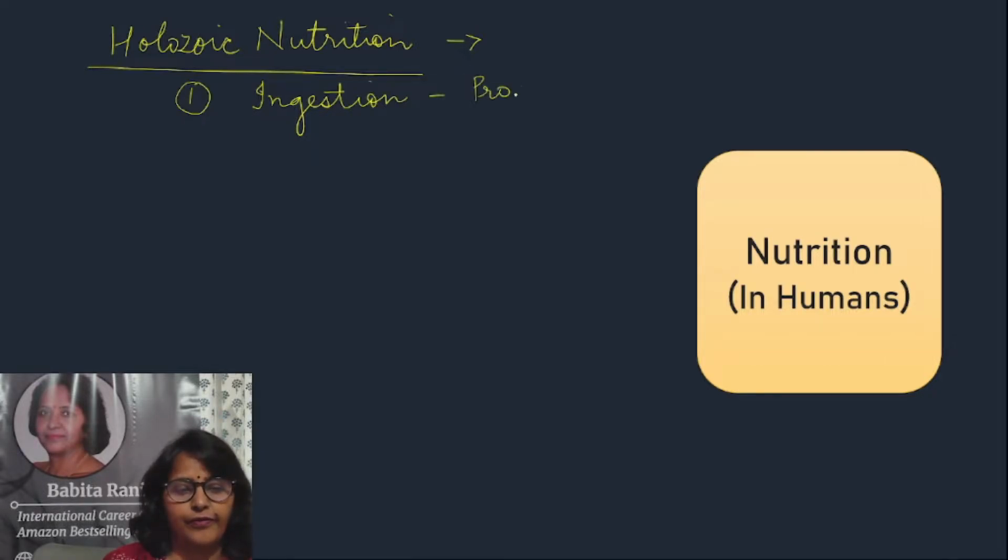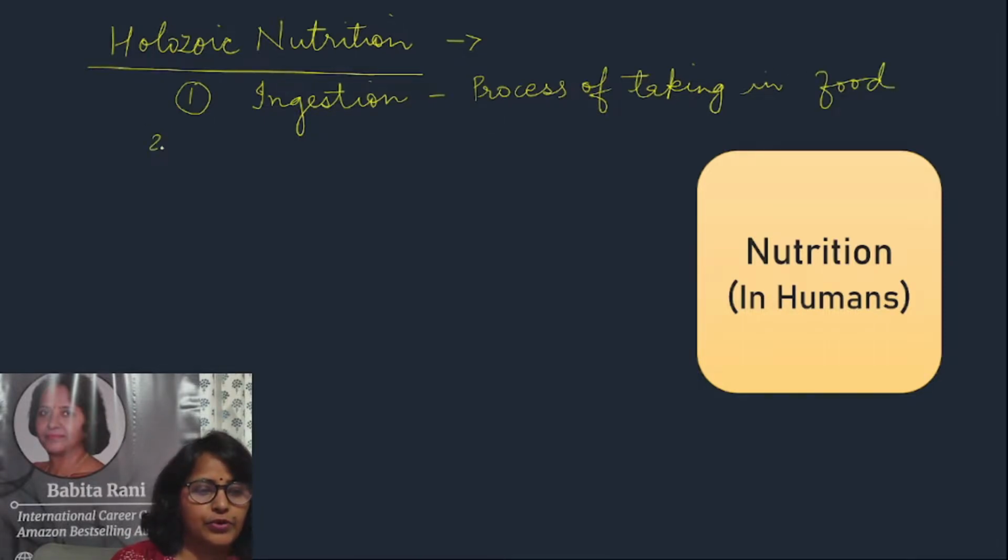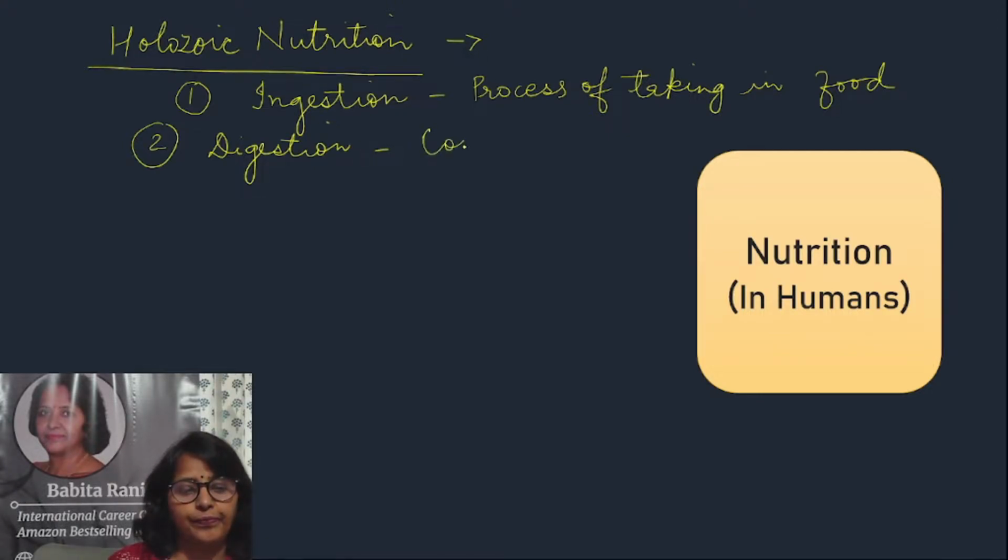The process of taking in food is called ingestion. Number 2, digestion. This is the main process of nutrition, where complex food is broken down into simple soluble food.